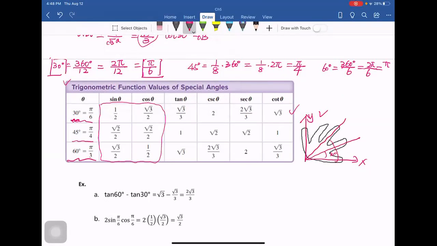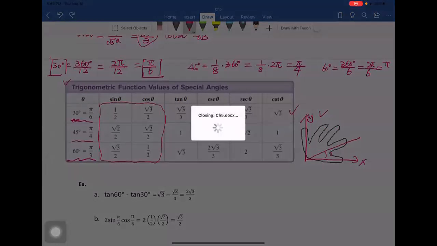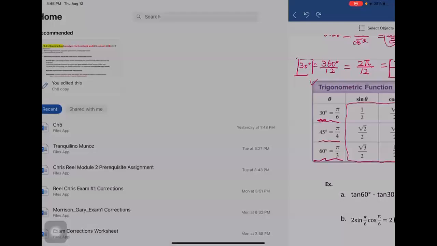And this one is 60 degrees. So it's very messy. Maybe I just draw 3 lines there.